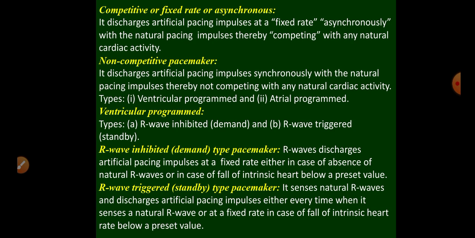R wave triggered or standby type pacemaker senses the natural R waves and discharges artificial pacing impulses every time it senses a natural R wave, or at a fixed rate in case of fall of intrinsic heart rate below a preset value.